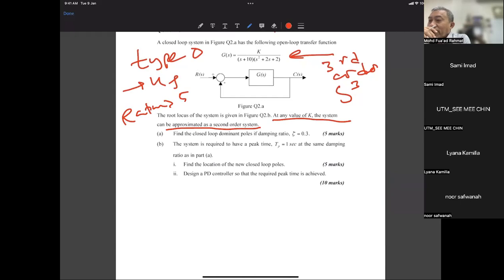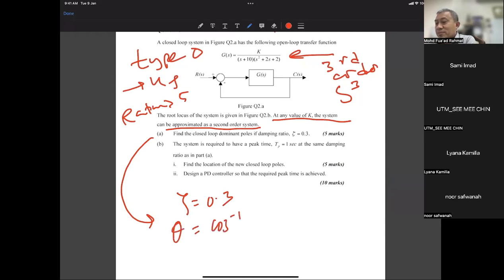Find the closed loop dominant poles if damping is 0.3. Angle please, easy question. Don't disappoint me. 72.54 degrees. Okay.